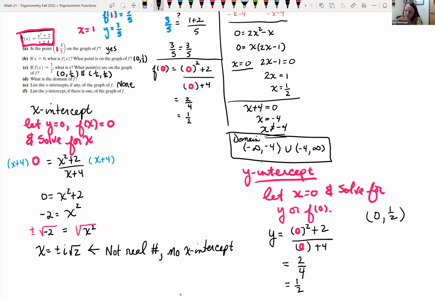So the y-intercept, there's only one, and it's crossing when y is 1/2, or at the point (0, 1/2).